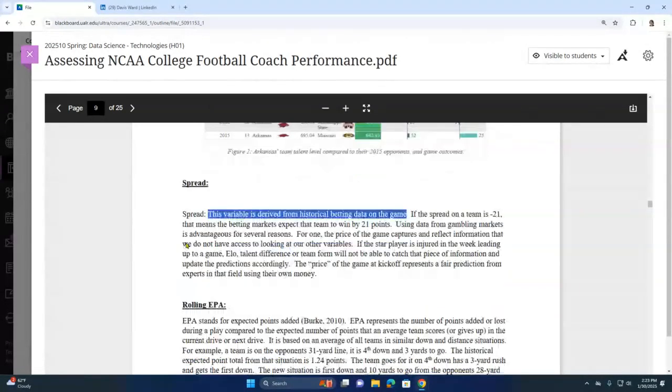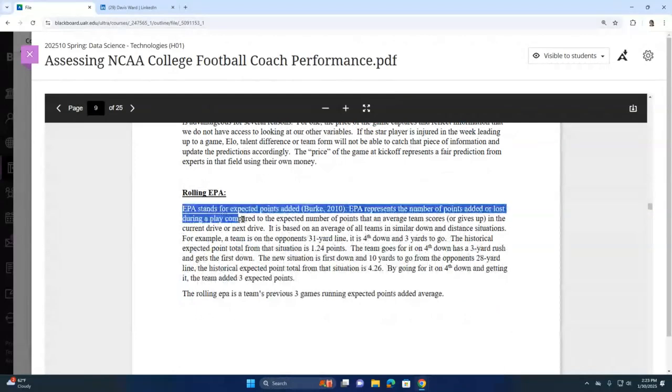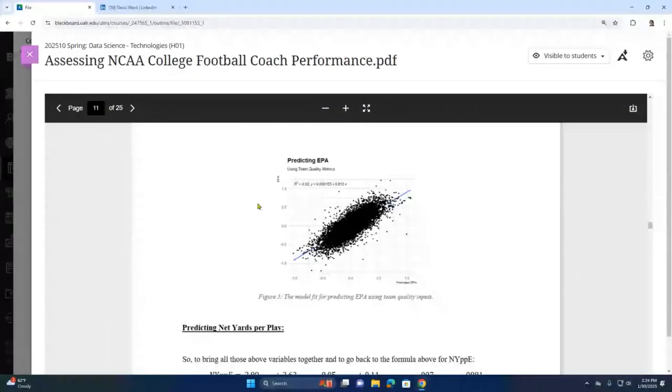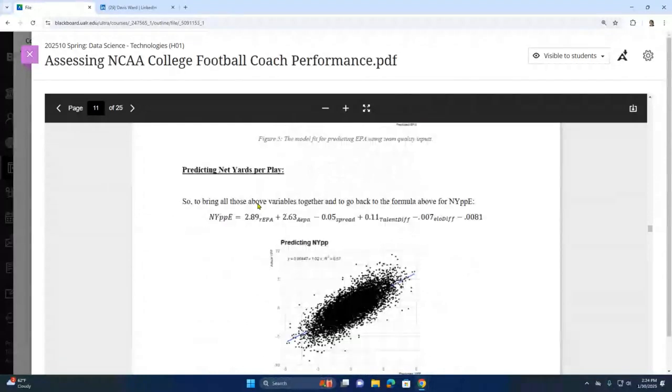A number of these data that he collected come from these websites, and it makes sense for the football aficionado, in terms of understanding that these sites are gathering from all the game data, and these are metrics that they are calculating and publishing that people can analyze.